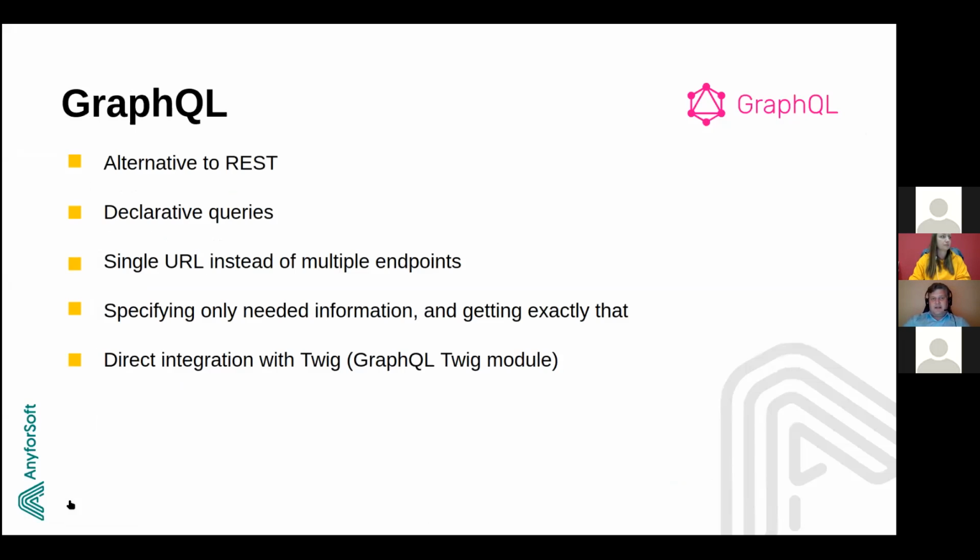And one more benefit is that we can use direct integration with Twig. We have a specific module for that, and in this case, the results of GraphQL queries could be processed by Twig directly and returned to the application with this processed output.